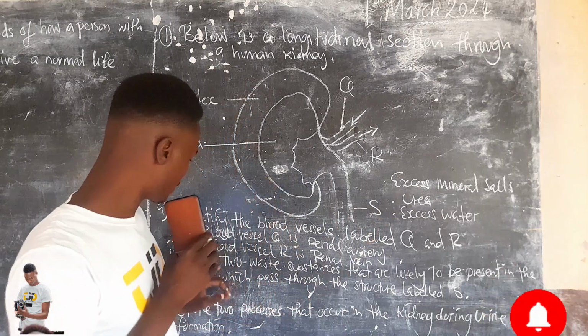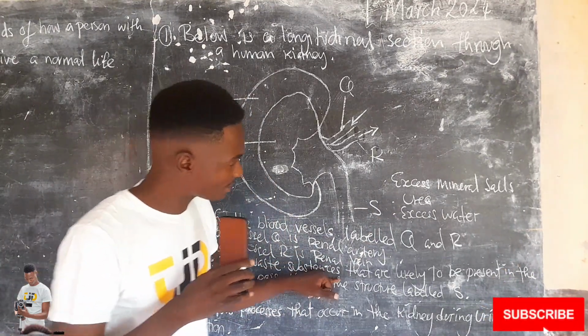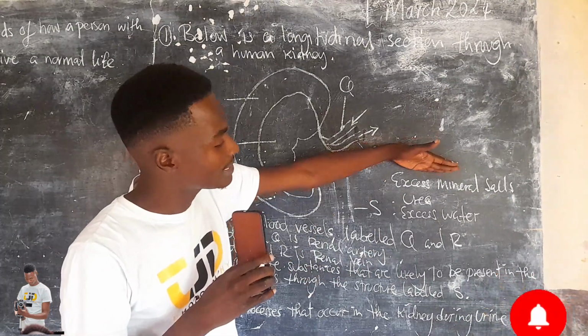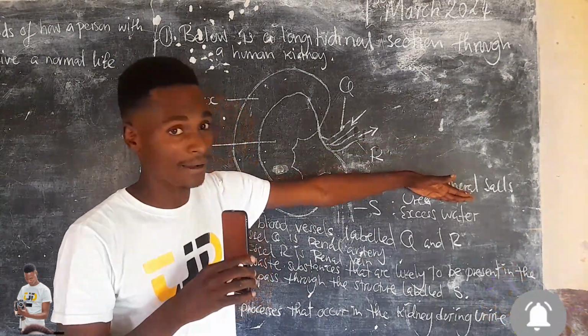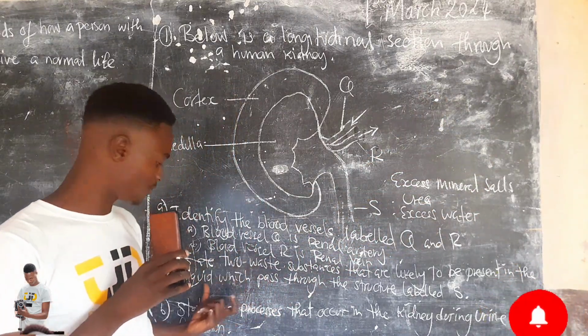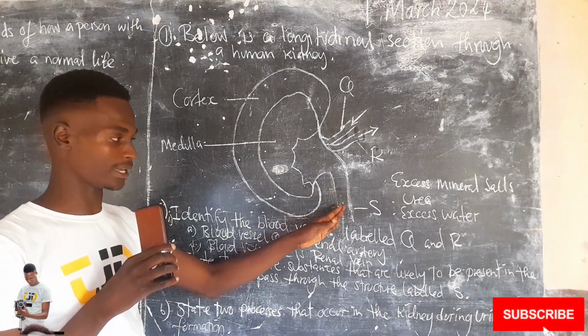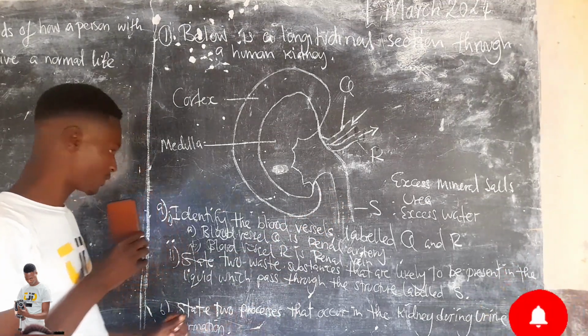Now you are asked to state waste substances, so you better go for excess mineral salts and urea. These are the waste substances that are present in the urine, the liquid that passes through the ureter here.